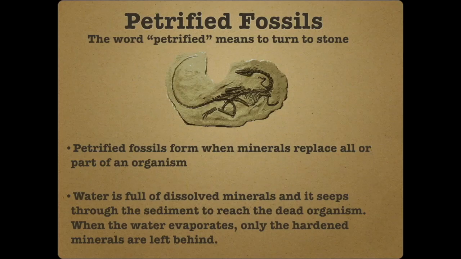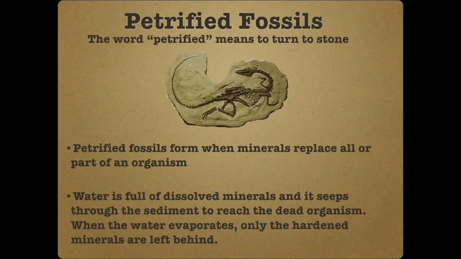Basically minerals replace the bones. So when you see a fossilized dinosaur, they're not actually the bones. It's actually the minerals that replaced or took the spot of the bone. It turned the bone into mineral because of the conditions that were there.